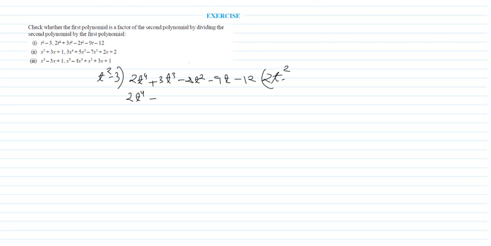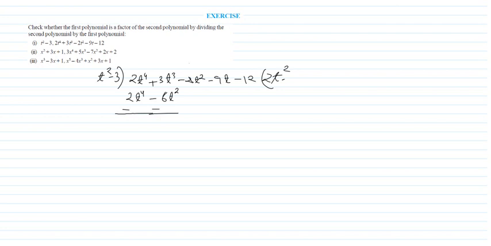In the next step, t square is the highest power of the divisor, whereas in the dividend we have t cube. So we'll multiply by 3t.